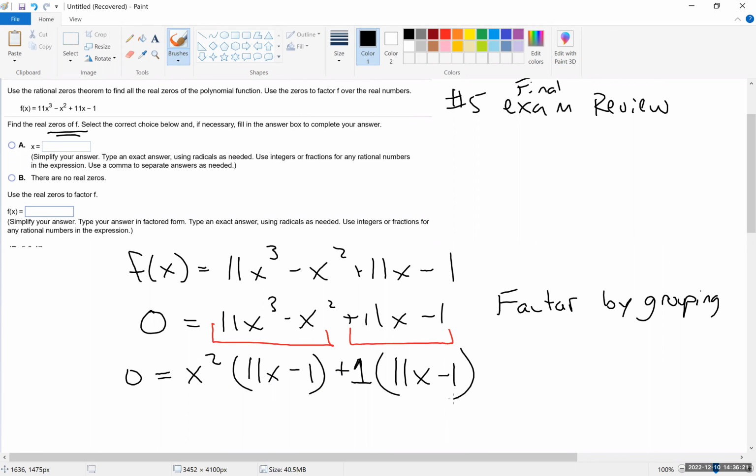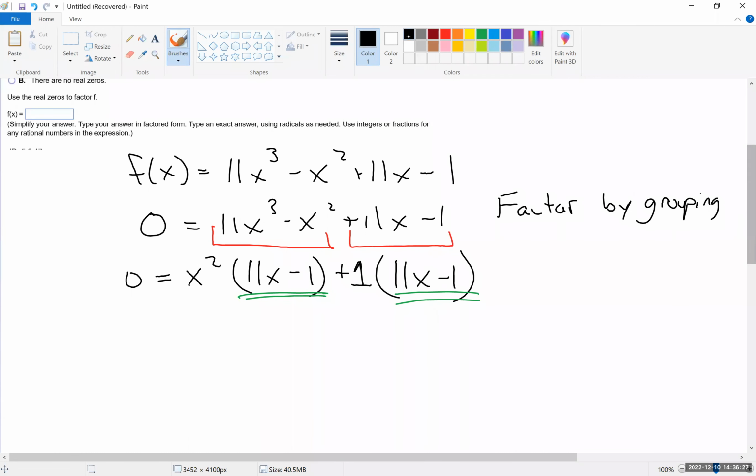Okay. Now, when we look at the whole thing, they both have an 11x minus 1. So on the left side, we still have 0 equals, and then we have an 11x minus 1. And then when that goes away, we are left, I shouldn't have said that. It's not really going away, right? It's coming out in front.